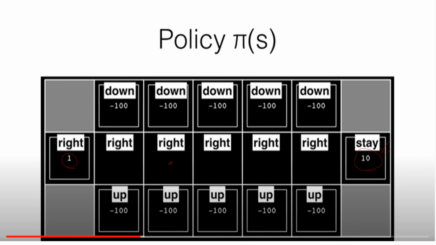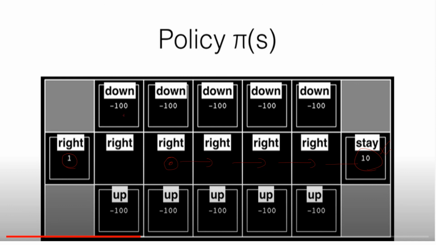The agent can land in any state, so it's random. Let's say we are in this state. Then this state says that the policy is right, so we are supposed to move this way. This state also says move right. This state also says that we should move right. And this state says we should stay, because we have achieved the maximum goal, we can settle here.